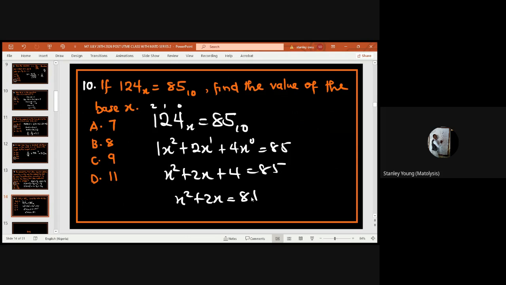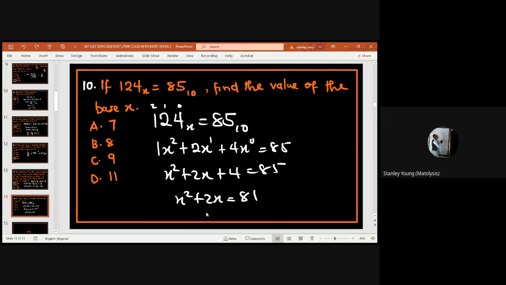Like I said, be a smart student. You have no job solving this quadratic equation in a problem that is multiple choice. The options are there for you to make use of, like it's an expo, use it. You can quickly think that 7 squared plus twice 7: 7 squared is 49, twice 7 is 14.